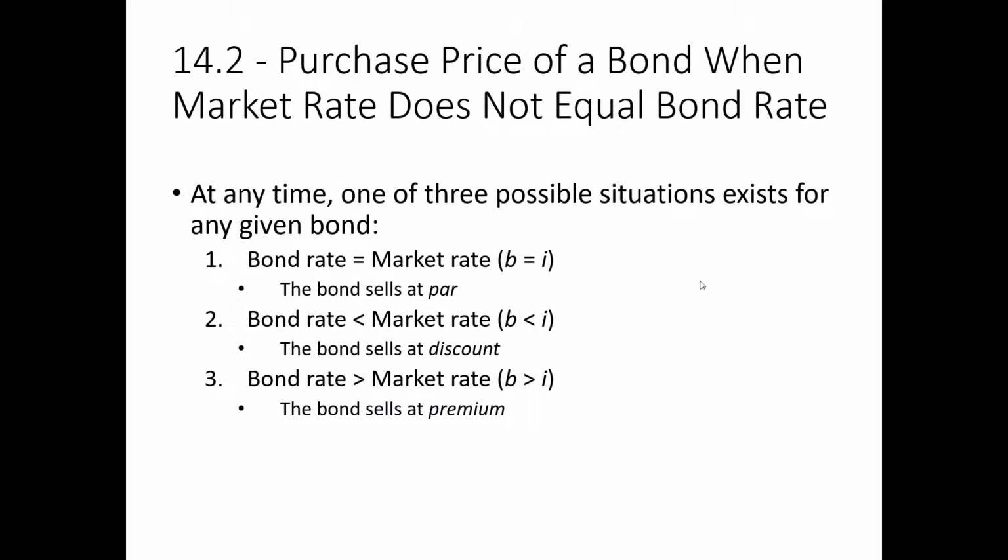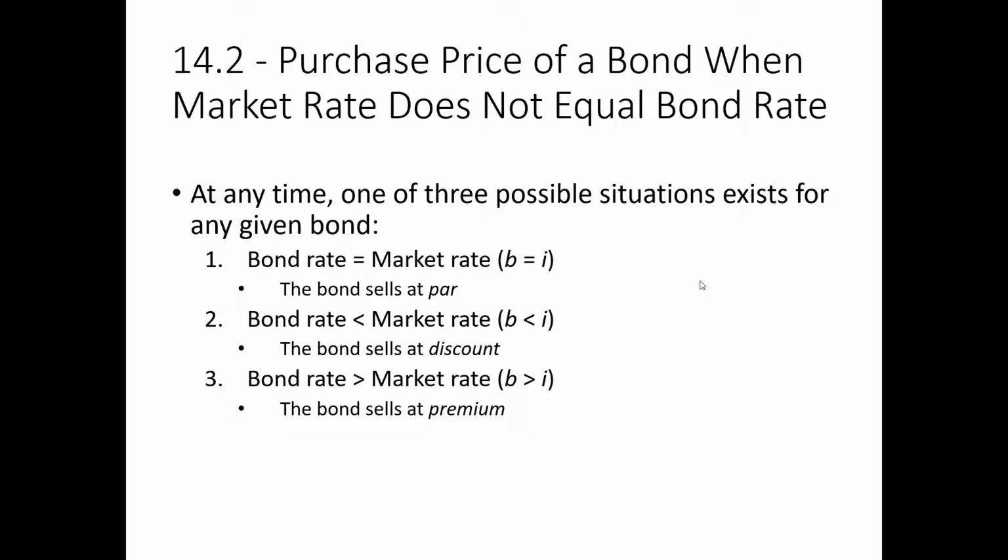Okay, so with the bond rate, recall that the bond rate is the contractually obligated interest rate mentioned in the bond contract and is used to calculate the coupon payment. But there's a market rate, right? The market rate for interest of a bond of a similar quality, same kind of company, same kind of security, all that kind of good stuff. The market rate changes. It goes up, it goes down, right?